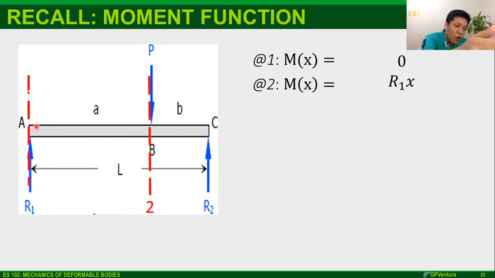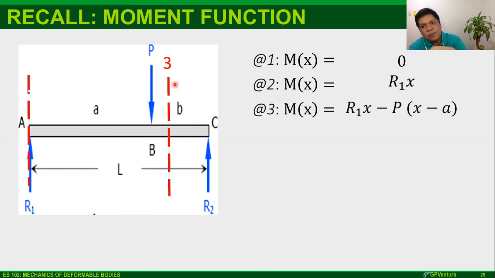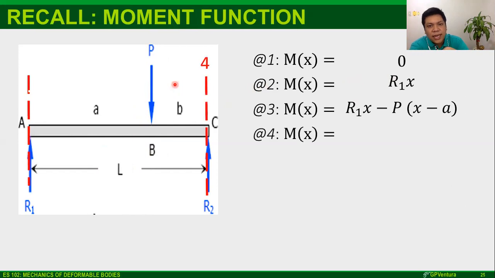So that's just before the support reaction. Next, at section 2, somewhere here, just before the applied load, it's R1x. Section 3, just after the applied load, that's R1x minus P(x minus a). Then section 4, just before the support reaction, or at the very end, it's R1L minus P(L minus a).